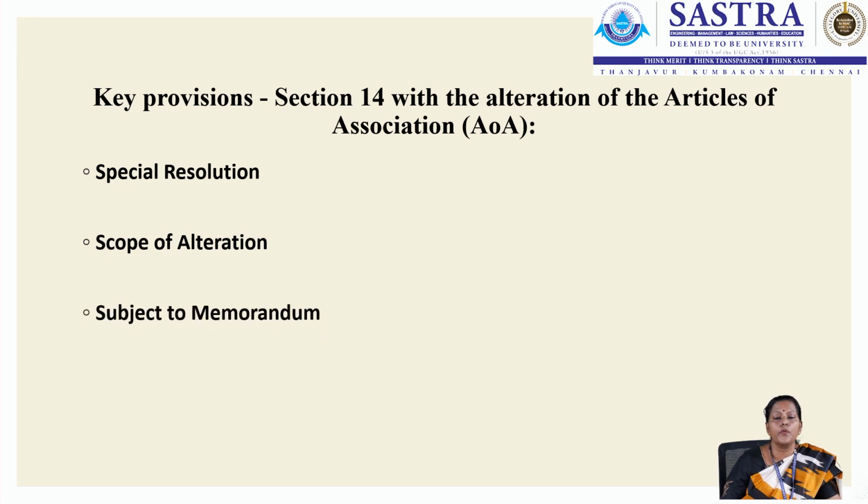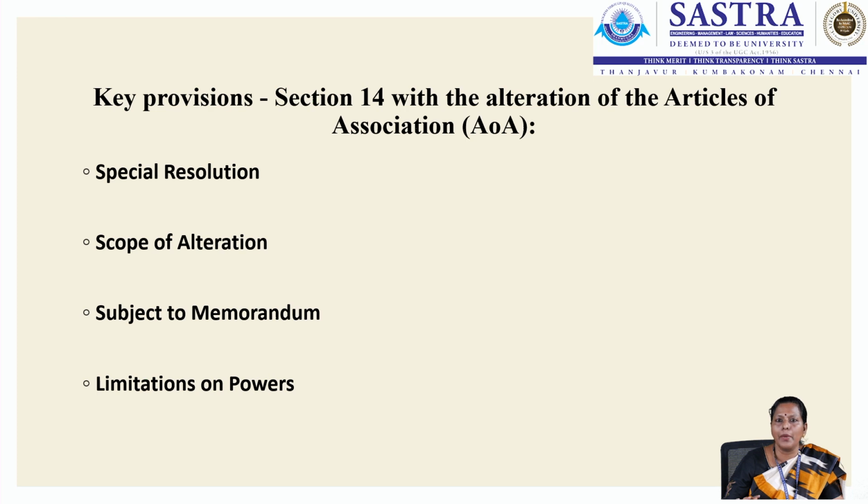Of course, the changes can be made only on the condition that they do not contravene the memorandum of association. In the sense, whatever changes happen in the articles of association should be consistent with the memorandum of association. It cannot contravene the memorandum of association.